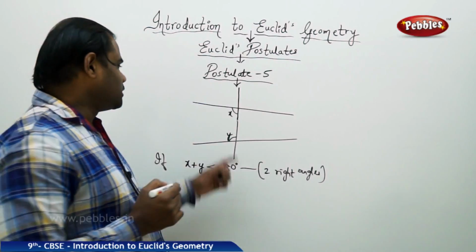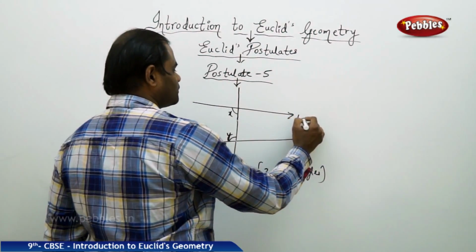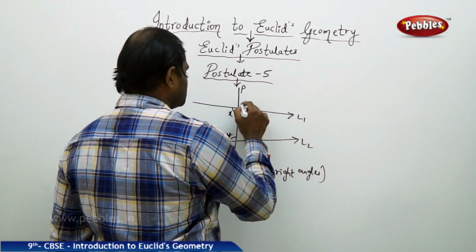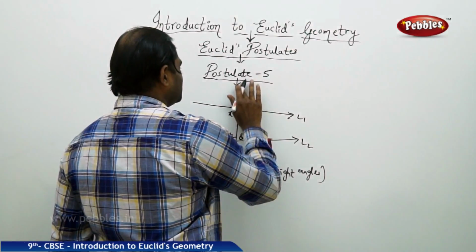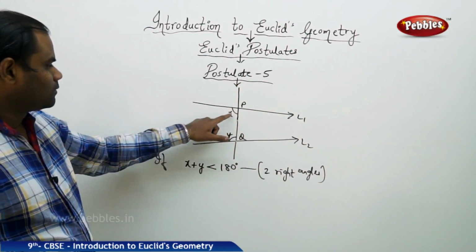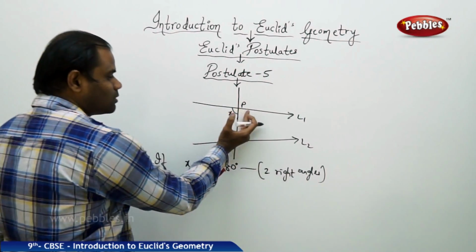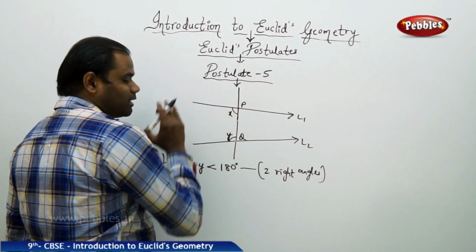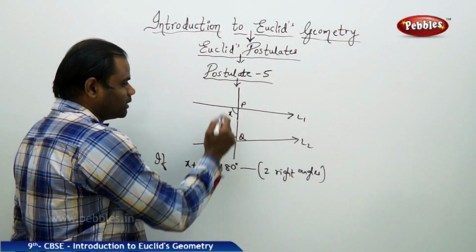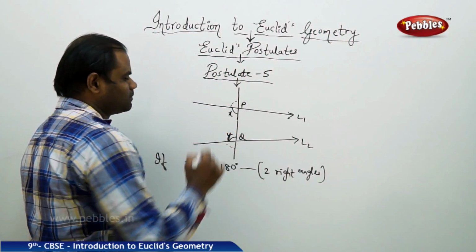So according to Euclid, if sum of these two angles formed by the line, so this is P and Q, if this is the line PQ which makes the angles X and Y in the interior angles on same side, say for example, if I take on the left side of the line PQ, the interior angles are X and Y and the exterior angles are the one which are outside.